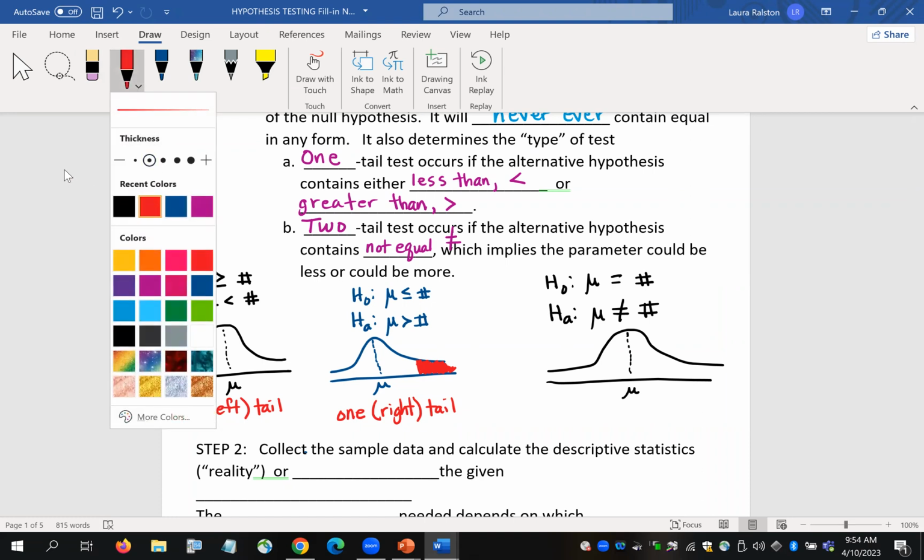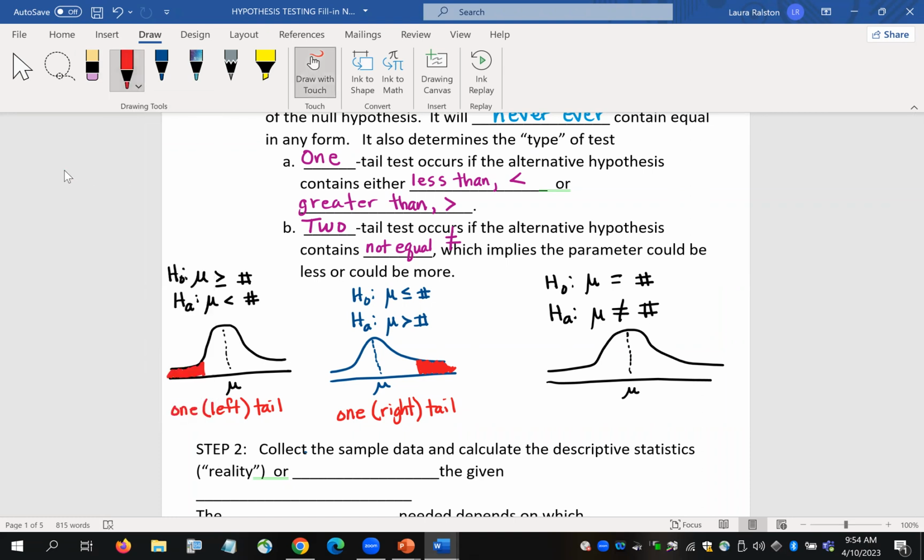So I have to allow for the possibility that it could be less, so we would have a region on the left, or I have to allow for the fact that it could be more. In this case, I have two options because I just know it's different. This is the two-tailed test.